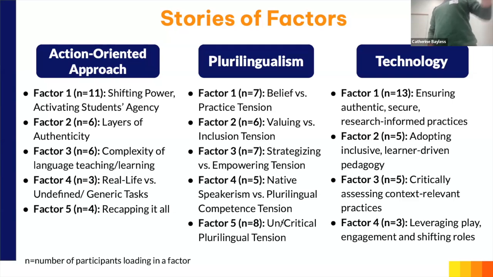For plurilingualism, these stories are named as tensions, so belief versus practice tension. Factor 4, native speakerism versus plurilingual competence tension. And for the technology dimension, I will point out factor 1 with 13 participants. The main thing was ensuring authentic, secure spaces for practicing using technology.